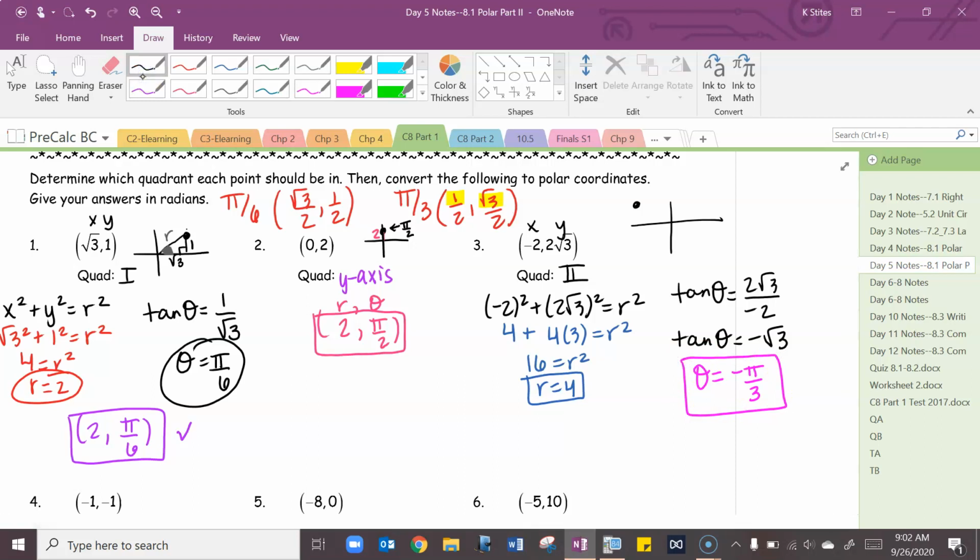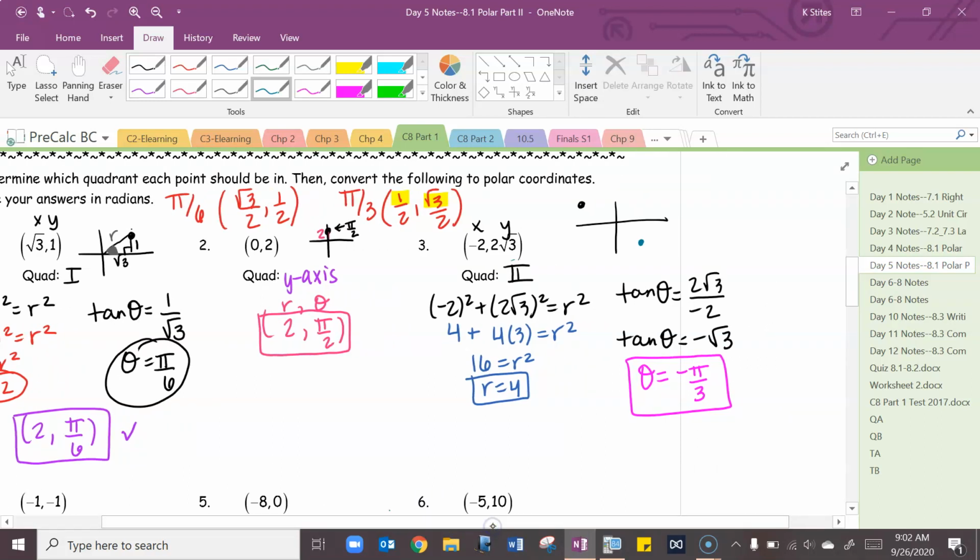Okay, now here's where the issue is. Negative pi over 3 is in quadrant 4. I need to be in quadrant 2. All right, so what is suggested that you do, and we'll get to an alternative in a minute, is in order to get from negative pi over 3 to that guy over there, all you have to do is add pi.